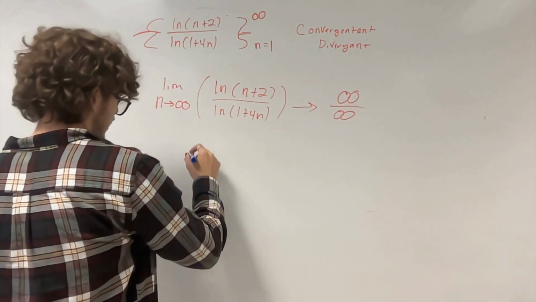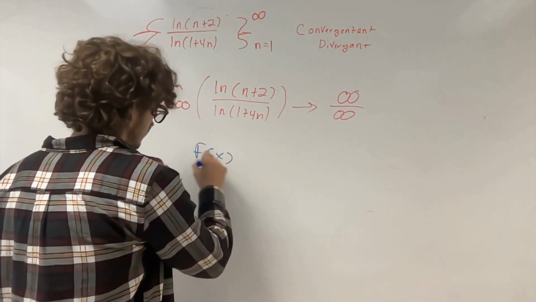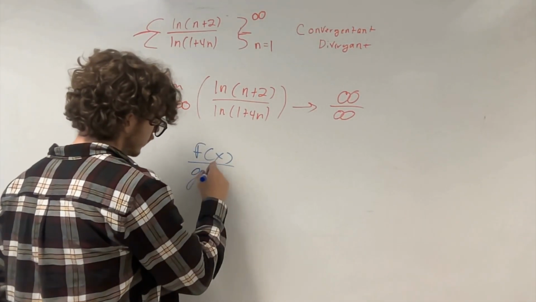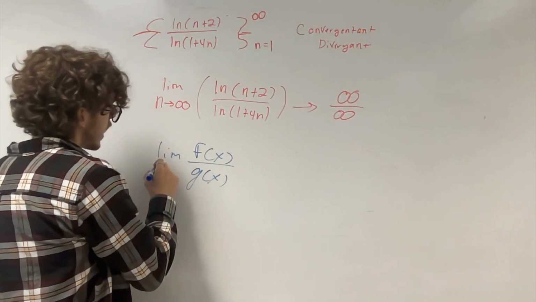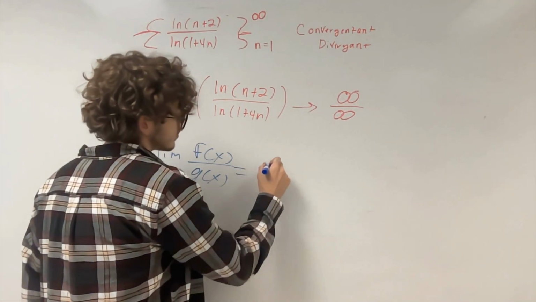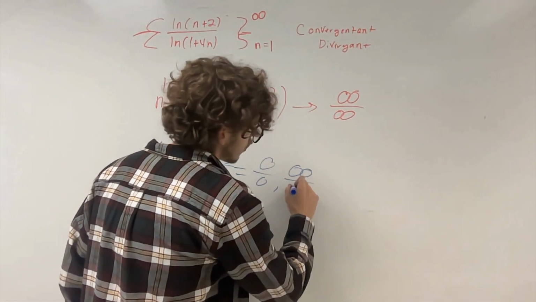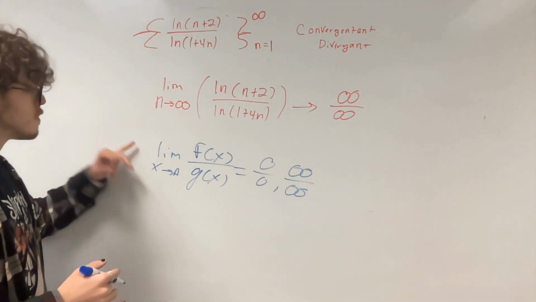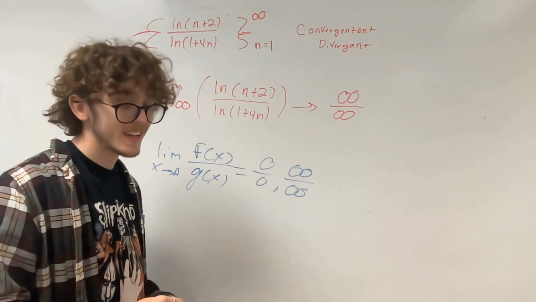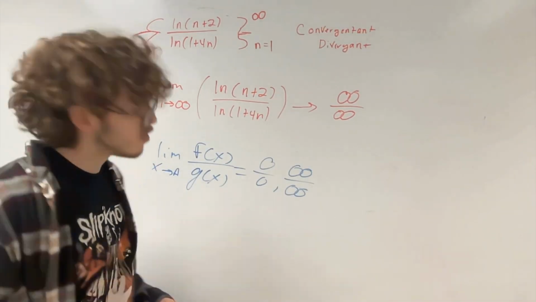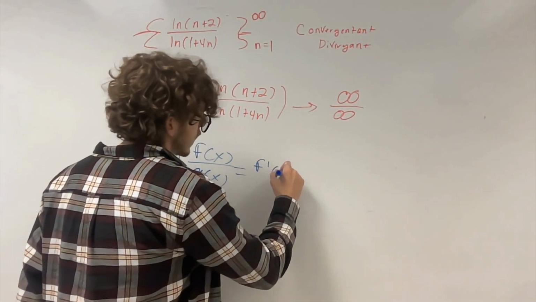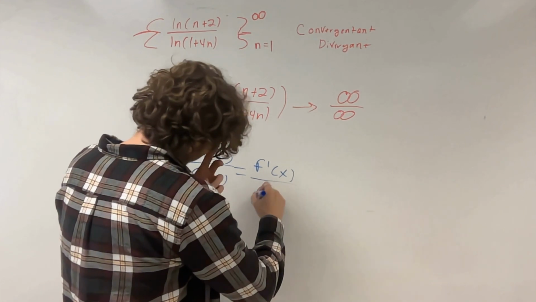L'Hopital's rule basically says, if I have a function f of x over another function g of x, and I want to find the limit as x, our input, approaches some value a, and you get 0 over 0 or infinity over infinity, which is indeterminate, then this is actually equal to f prime of x, the derivative of the top, over the derivative of the bottom.